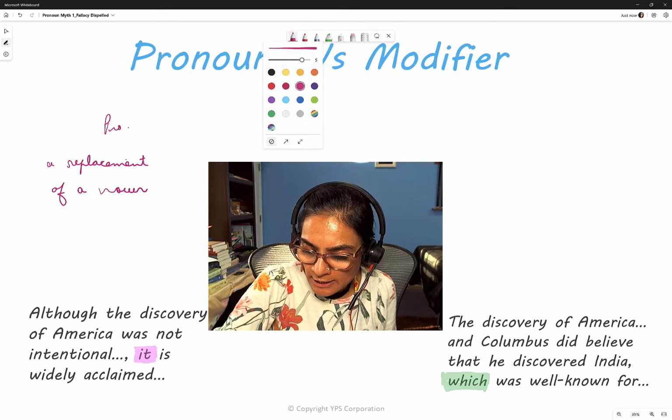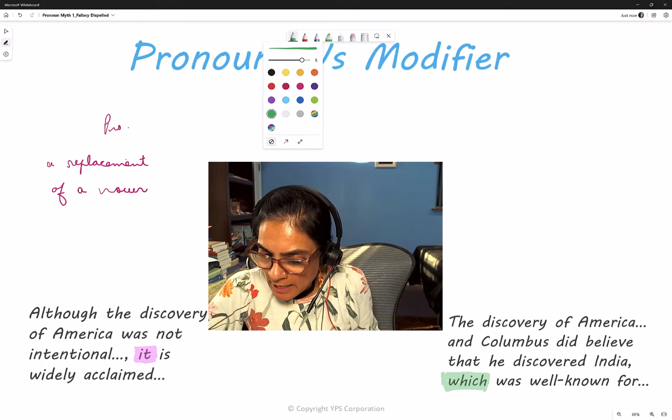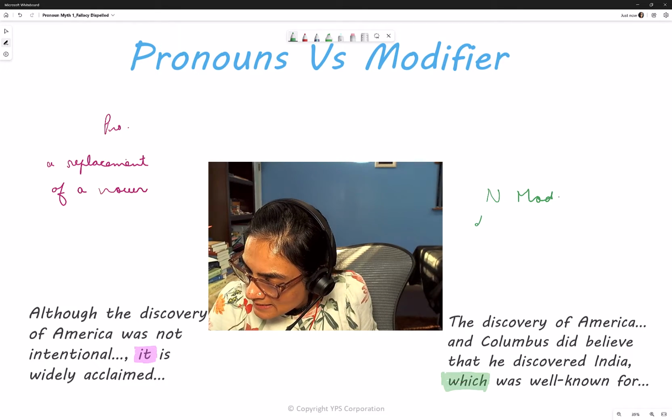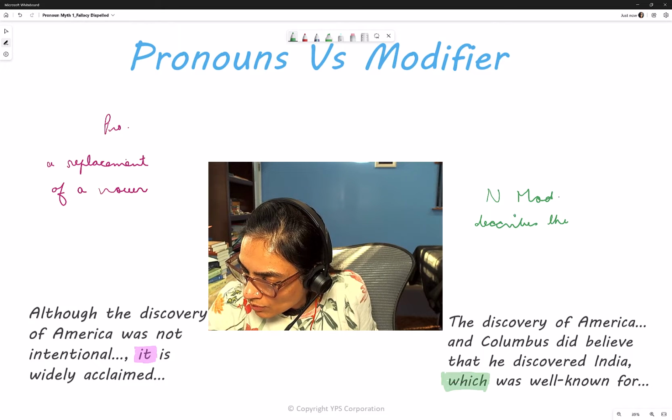And what is a noun modifier? A noun modifier is a modifier or an entity that describes the preceding noun or the closest noun.